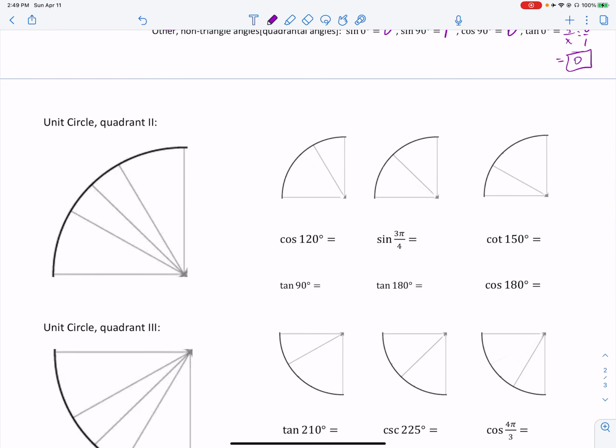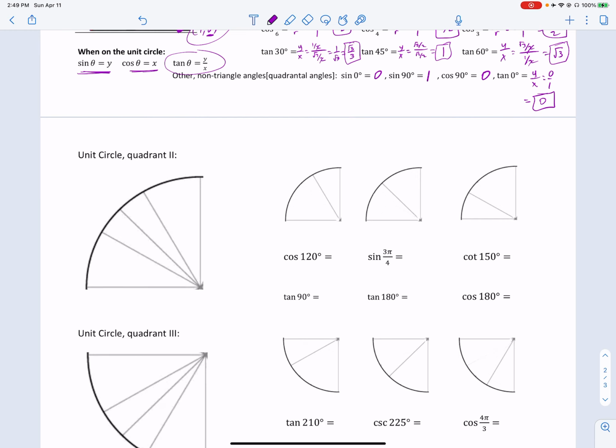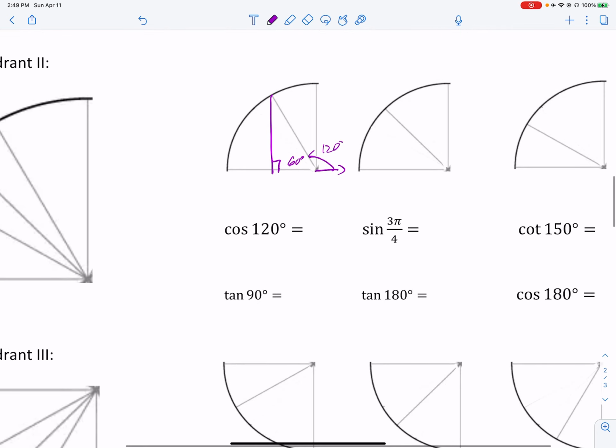So cosine of 120 degrees, for quadrant 2, you'd be rotating around to 120 degrees, which gives a 60-degree reference angle. The hypotenuse is 1. This will be short leg to the left, negative 1/2, and up root 3 over 2. So this ordered pair is negative 1/2, up root 3 over 2. In quadrant 2, all your x-coordinates are negative, your y's are positive.